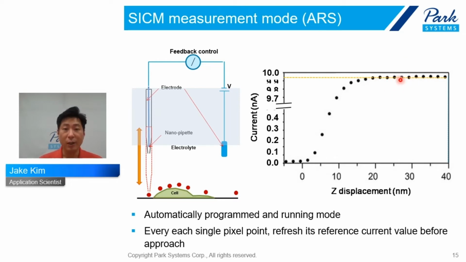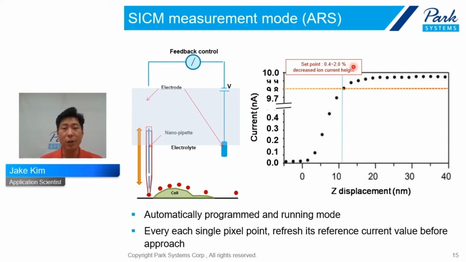But the current value decreases as the pipette gets closer to the sample surface. Close, close, close, then the ion current decreases. And here we can confirm the distance between pipette and sample surface by designating a specific current value. And this is called approach.